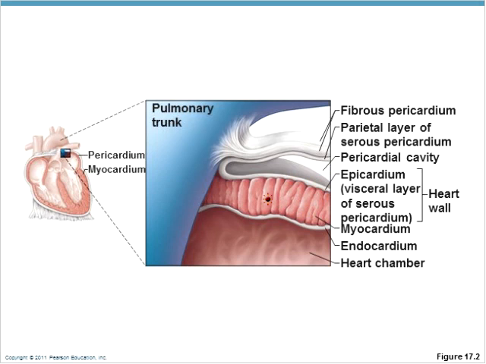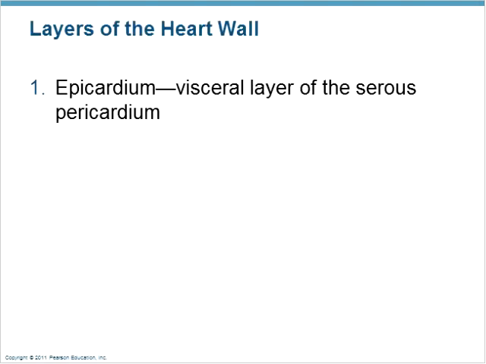Myo means muscle, cardium means heart muscle. And then you see the endocardial layer, that's the inside layer of each chamber of the heart, and then the heart chamber proper. So it gives you the idea as you go from outer to inner layer of the heart proper. The epicardium is a visceral layer of serous pericardium. So the epicardium is really that visceral layer.